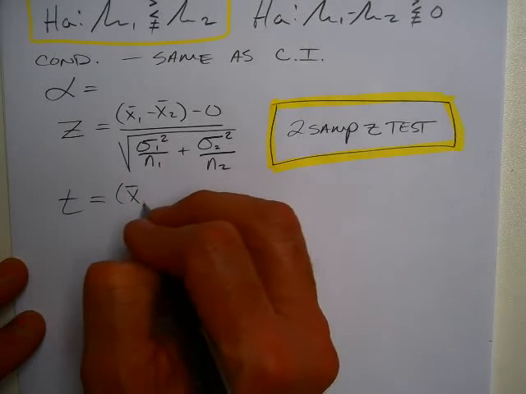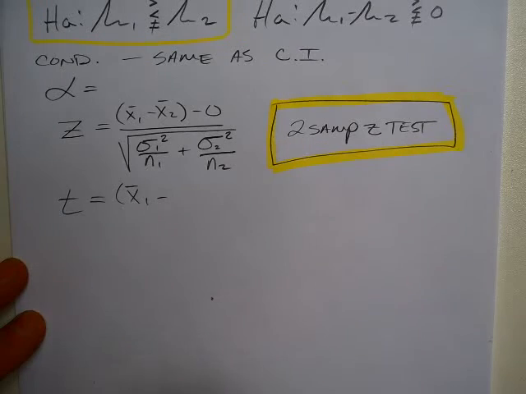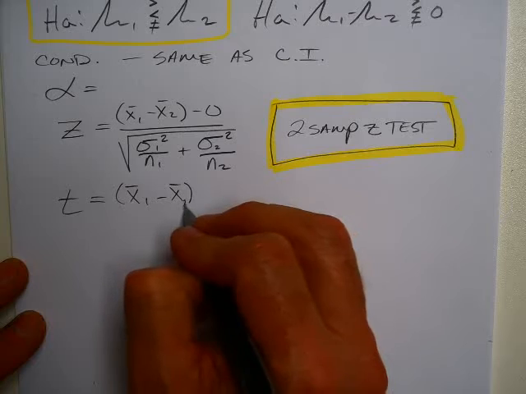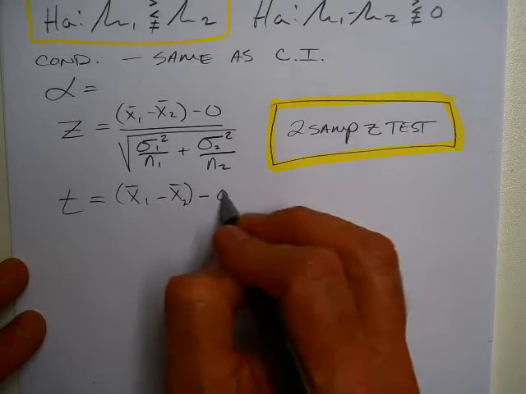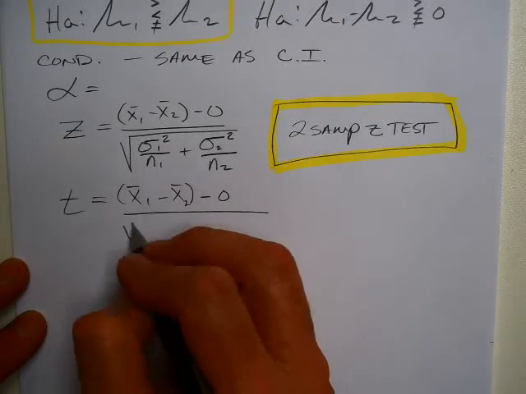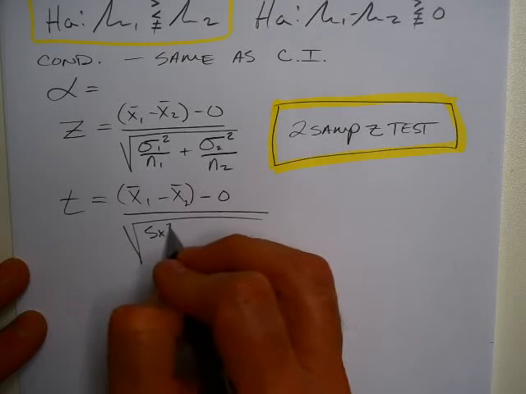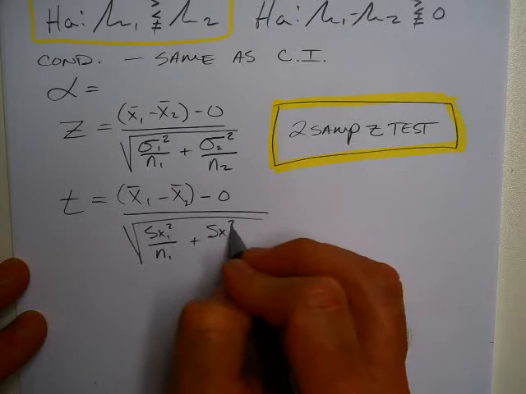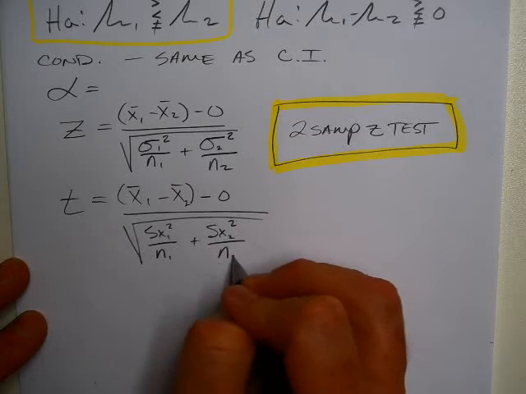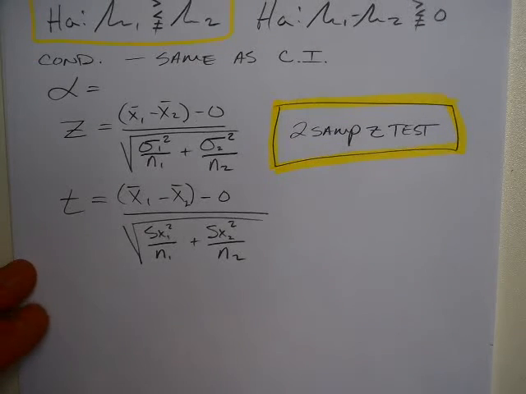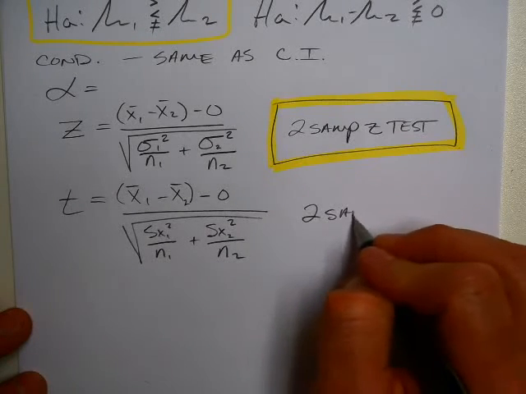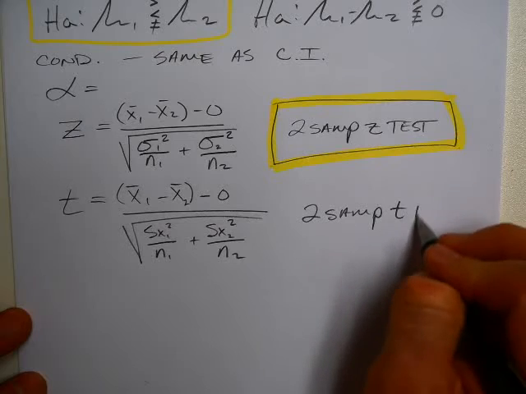We just change the sigma for Sx and the Z for T. And this one is the 2-samp t-test.